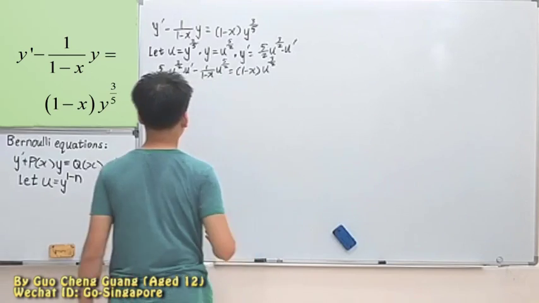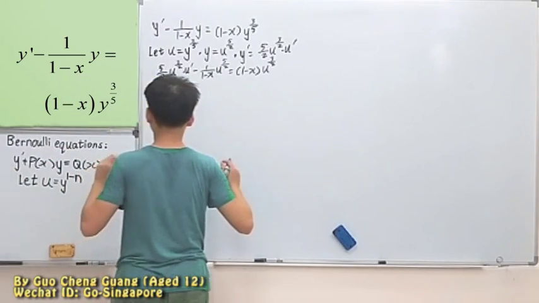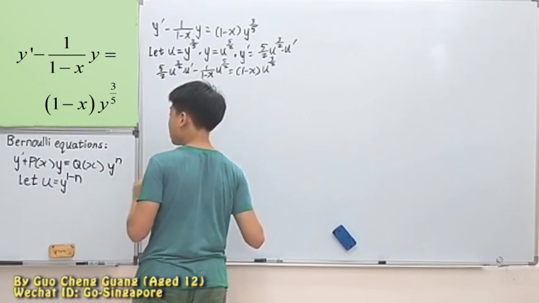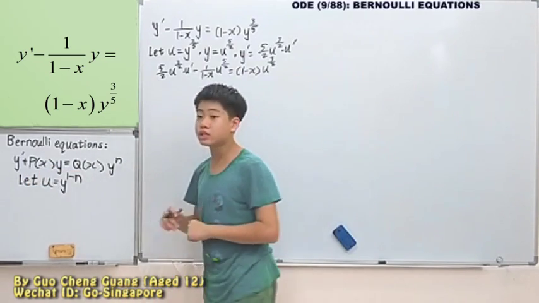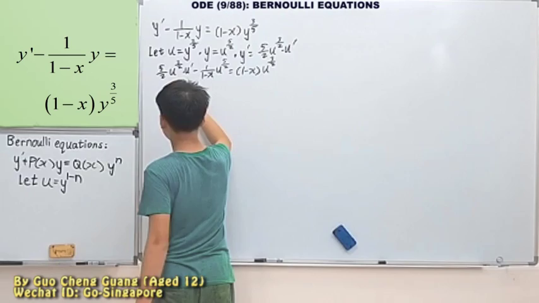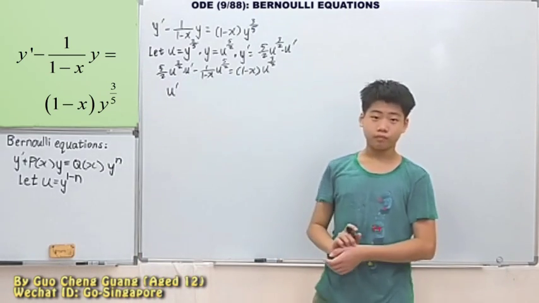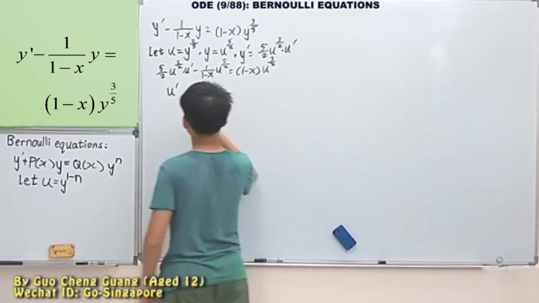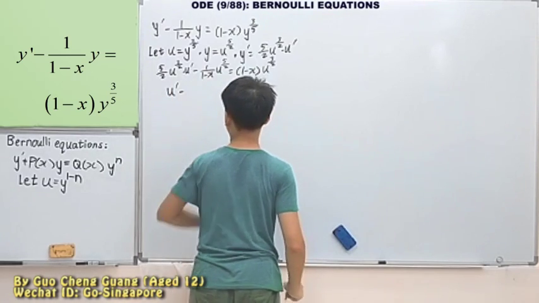Okay, so we get something like this. But as I've mentioned just now, we want to use the integrating factor, the IF. Then with this part, we need to change it into this form, u prime. After that, all the others will just follow.